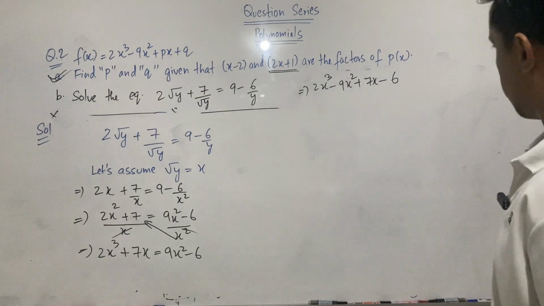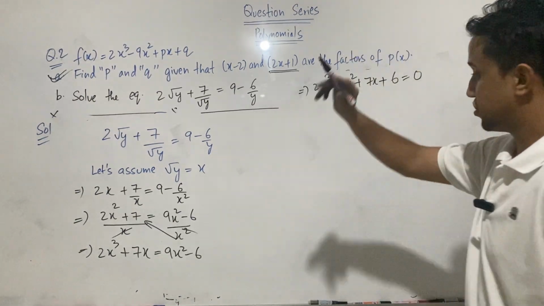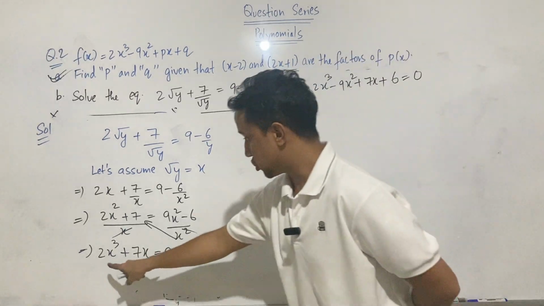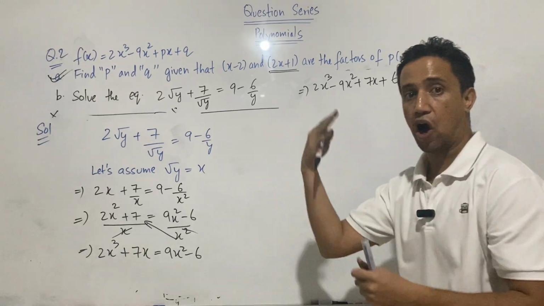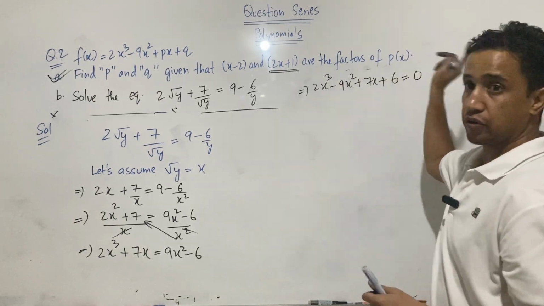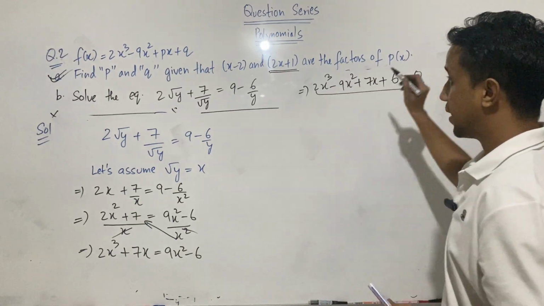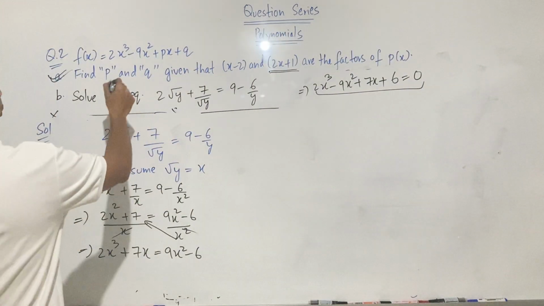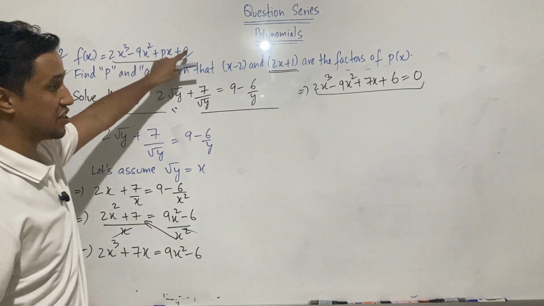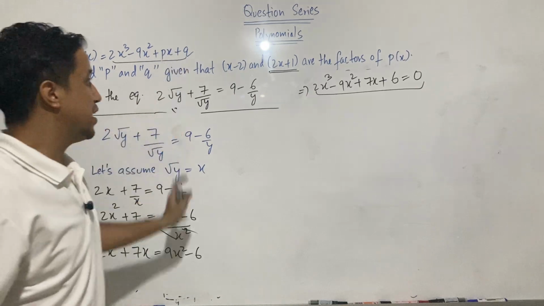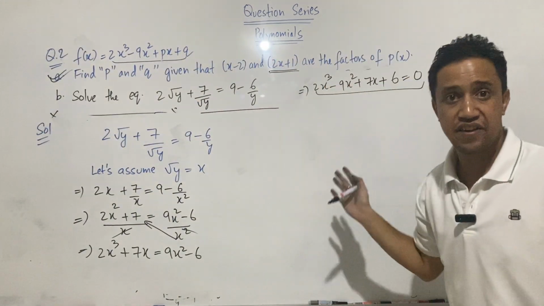2x cubed minus 9x squared plus 7x plus 6 equal to 0. What I did, I just arranged it in decreasing order of exponents. Now if you look at this equation and this equation, because the values of p and q we got earlier were 7 and 6, both are the same, so we are going to have the same factors.